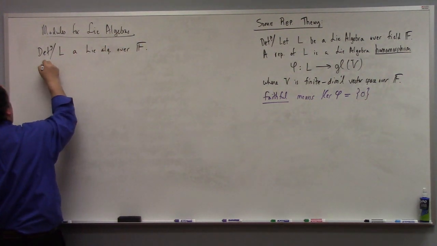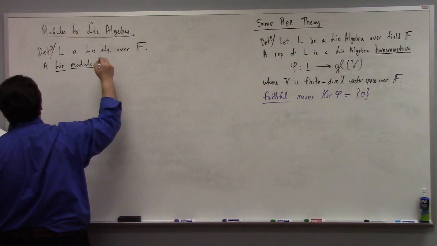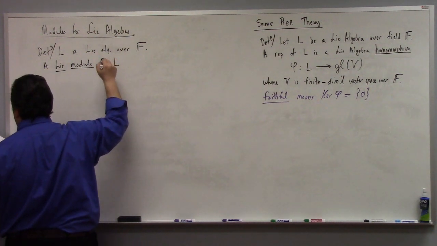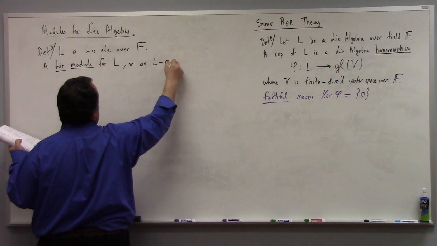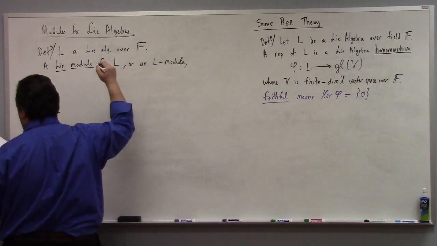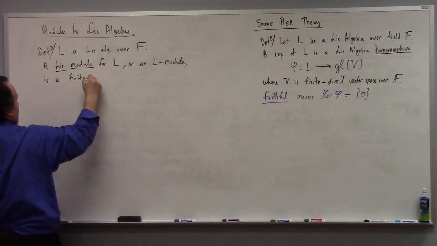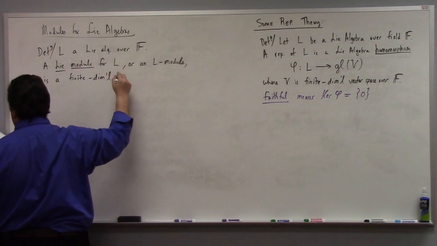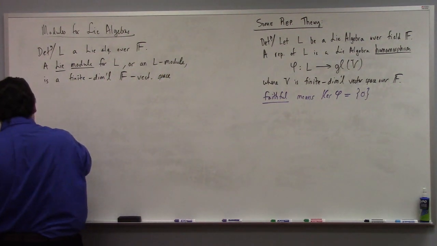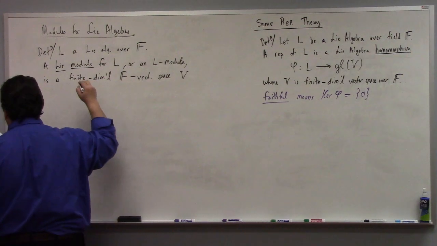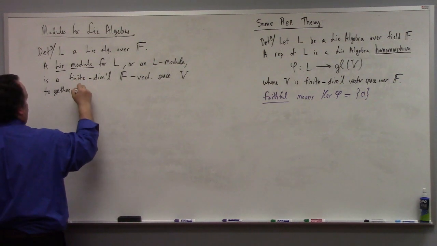A Lie module for L, or an L module, if you like, is a finite dimensional F vector space V together with a map.